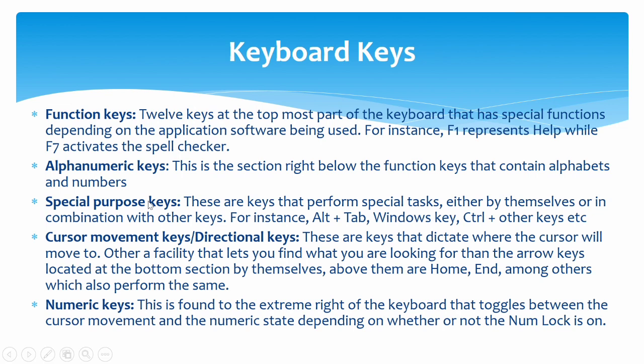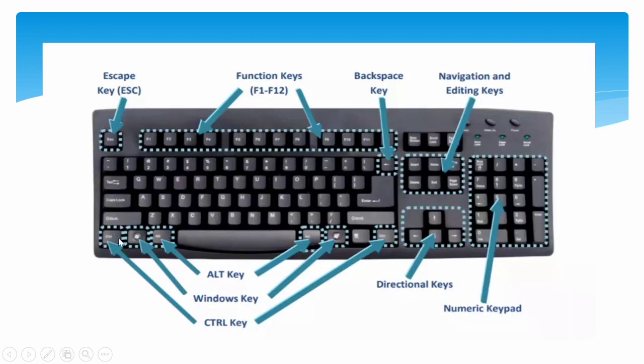Then we have special purpose keys. These ones by themselves may be doing a particular task. Since they are special, they may also be performing special tasks when you combine them with other keys. As you can see, they involve Alt, Control, Windows. We have Alt again on this other side, Windows, Control.